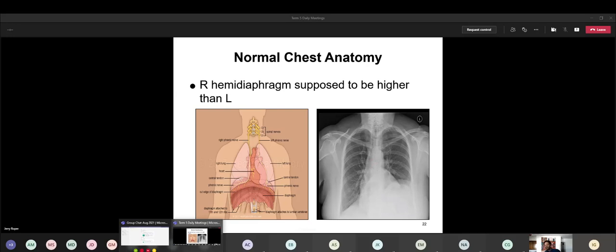It's somewhere in there. I can't really detect it that clearly, but I do see what looks to be the markings of the right, and that looks to be the left. So I'm thinking carina is maybe right there. Right border of the heart, left border, and then all of this just kind of gets blurred together. So there's a lot of silhouetting going on here.